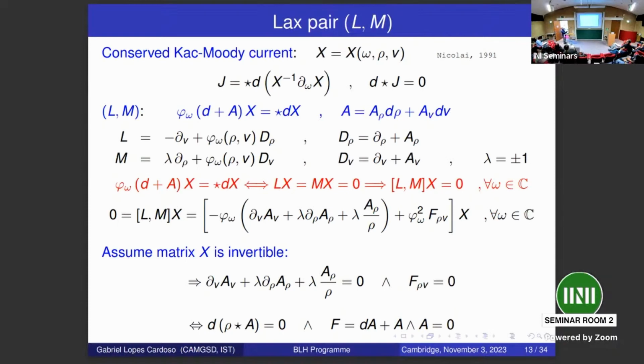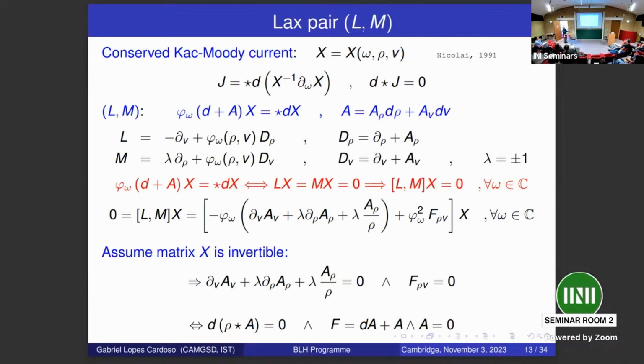So you take this Nicolai current, defined as follows. You take this x, which depends on w, you differentiate with respect to w, multiply with the x inverse, take the exterior derivative, take the Hodge star, and this will define a generating function of conserved currents.